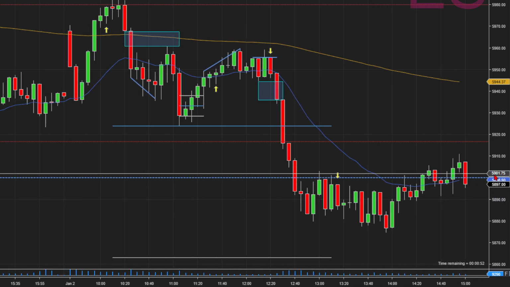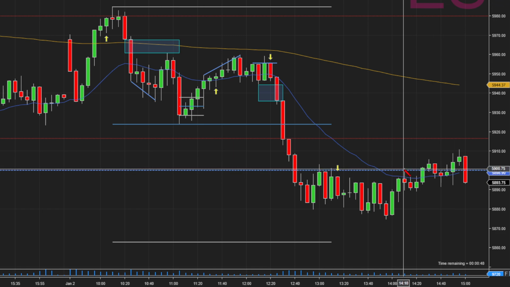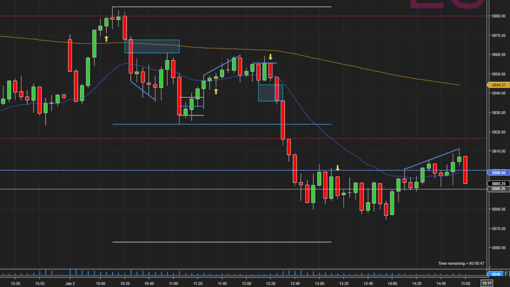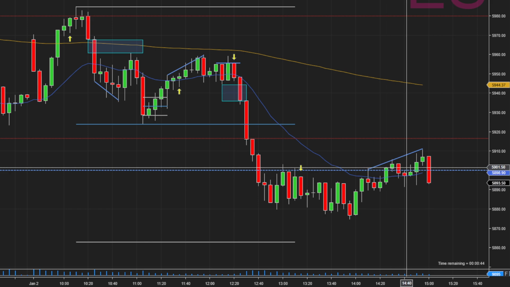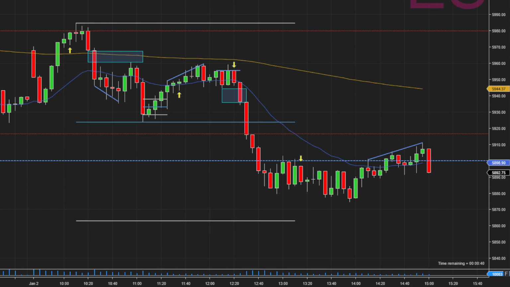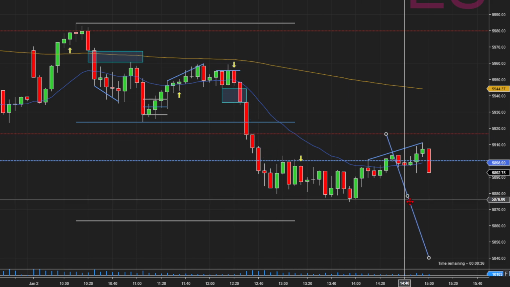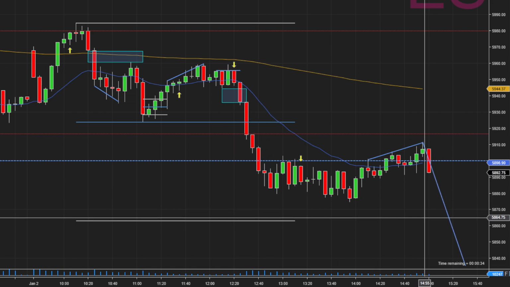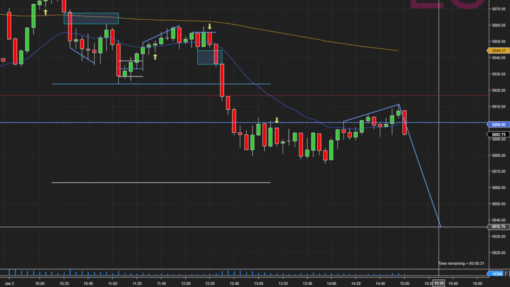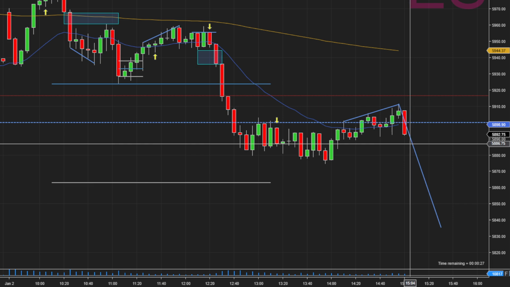There's an hour left. Looking at this now, there's a wedge pattern here, and that might lead to more selling. So we have a first leg down here, fairly tight, and then I don't think we'll get that in this last hour, but often in the last hour you will get surprisingly large moves like that.